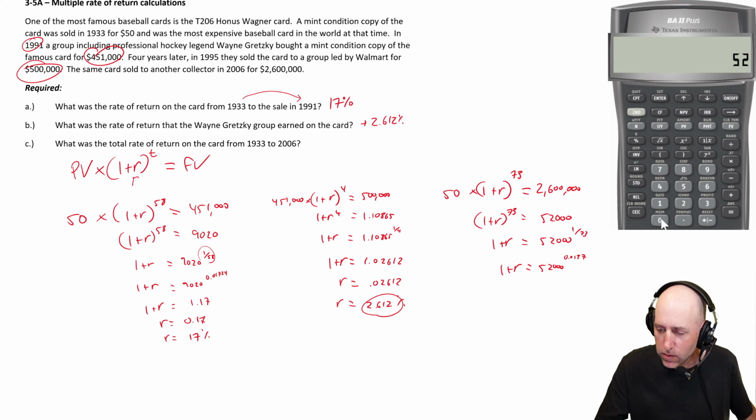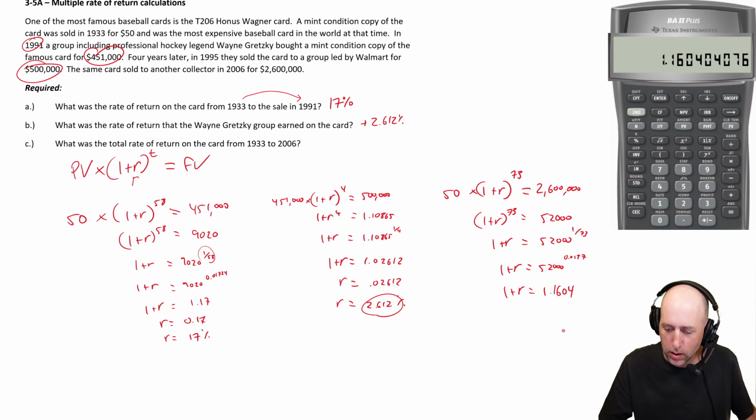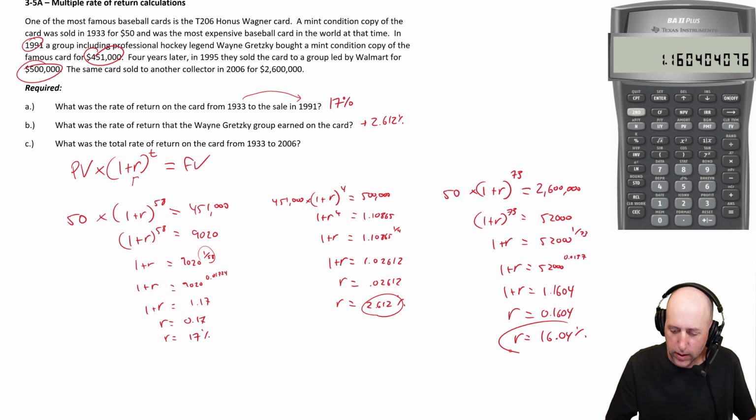So 52,000 to the power of 0.0137, 1.1604. So R equals 0.1604. R equals 16.04%. There we have it.